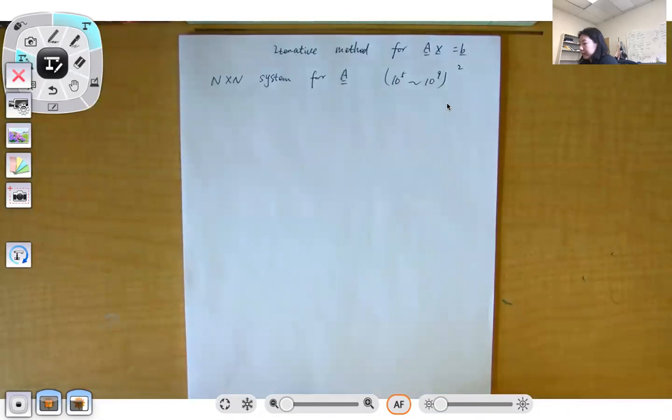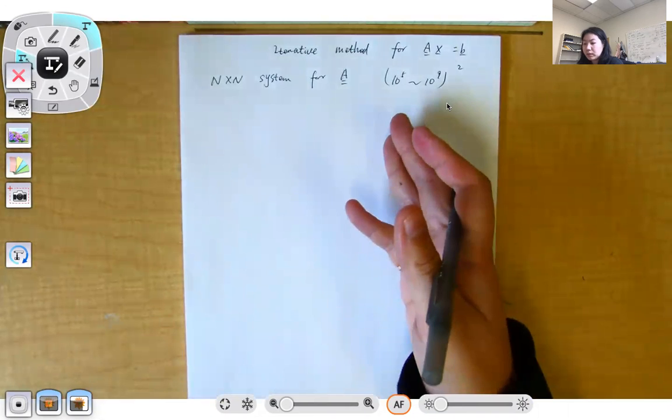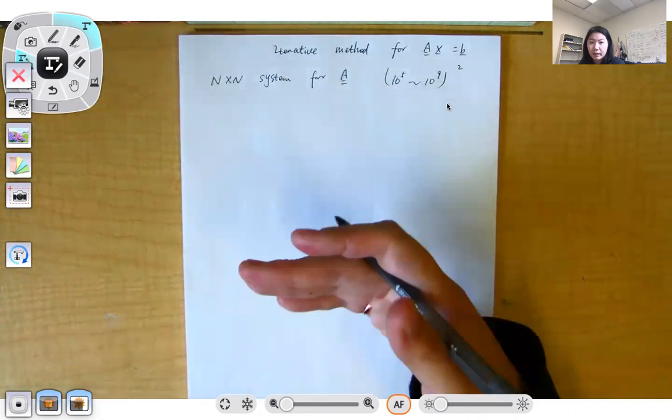So we have to use an iterative method, a numerical treatment, for solving for X.